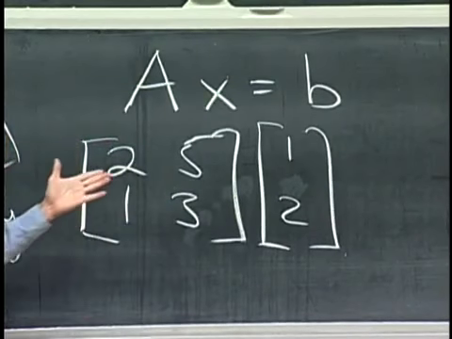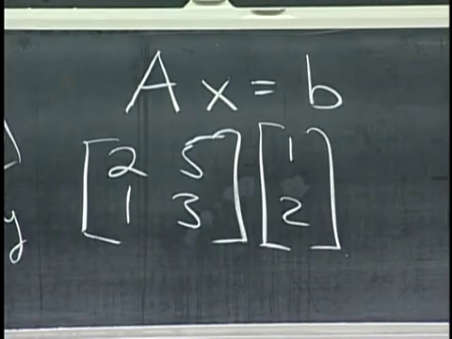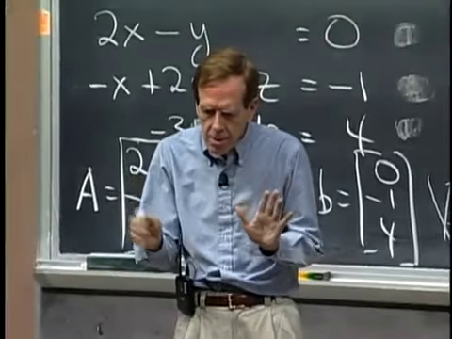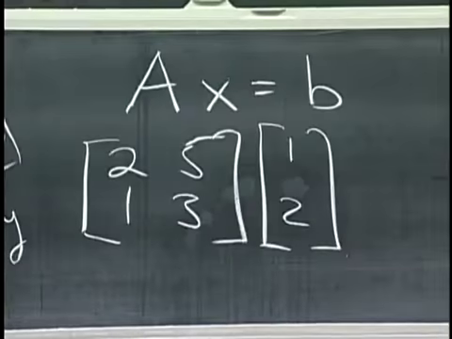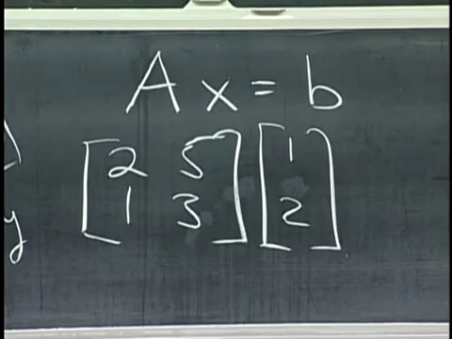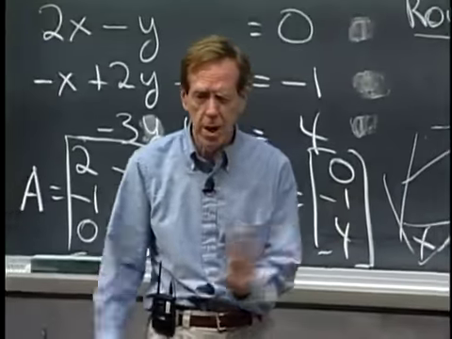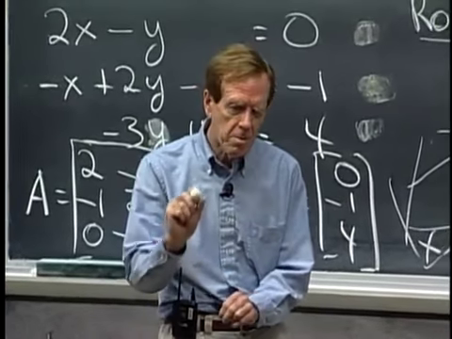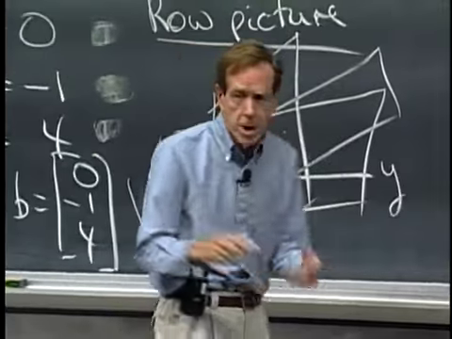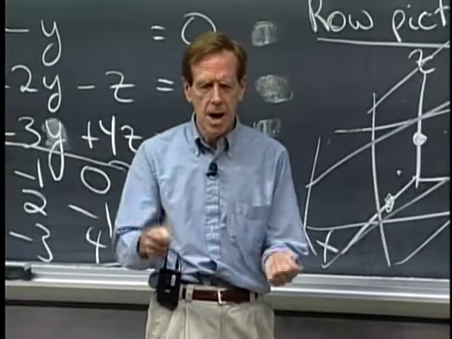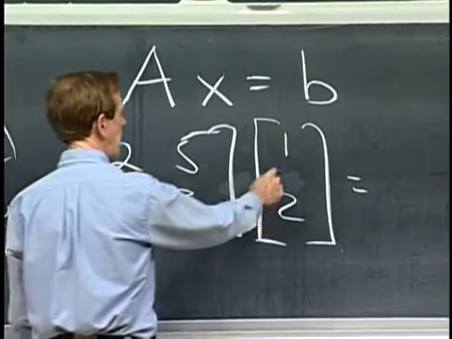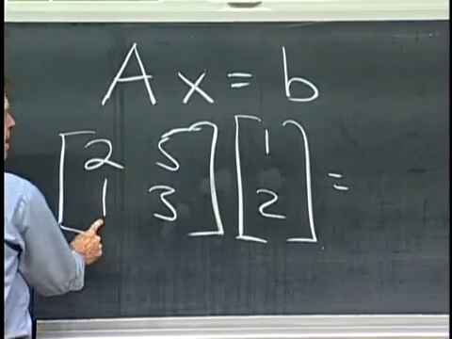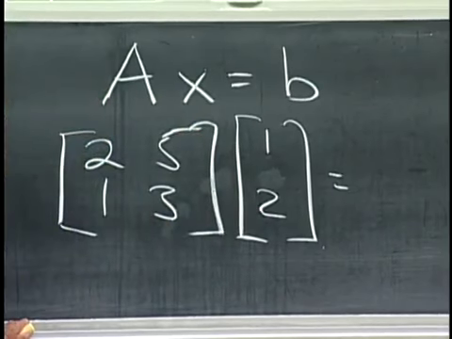How do I multiply a matrix by a vector? Just think a little bit about matrix notation and how to do that multiplication. Actually, there are two ways to do it. Let me tell you my favorite way. It's columns again. It's a column at a time. For me, this matrix multiplication says I take 1 of that column and 2 of that column and add.